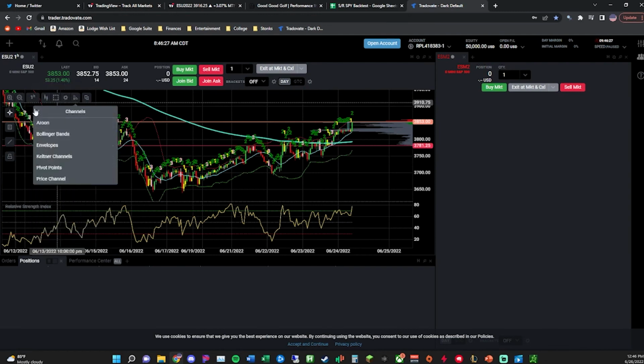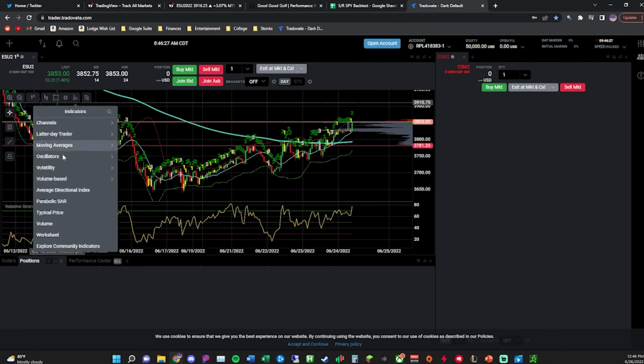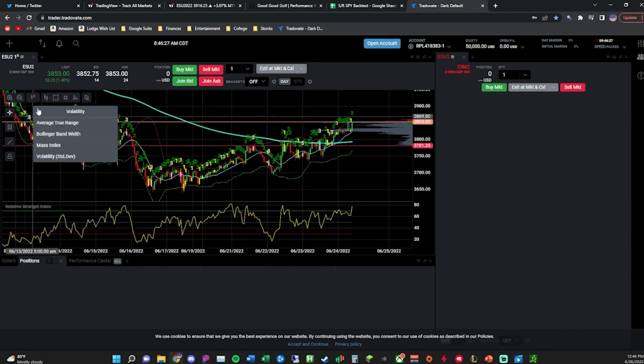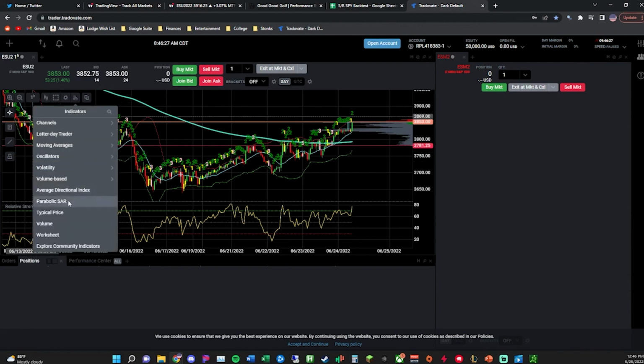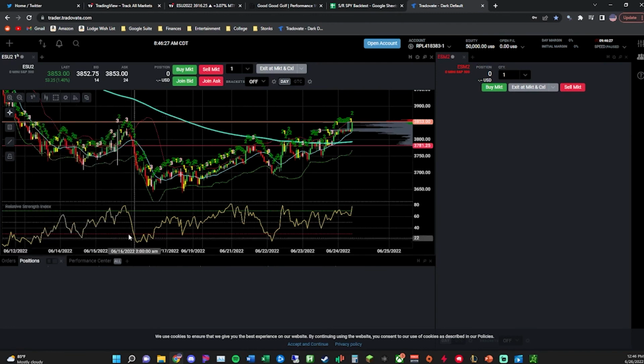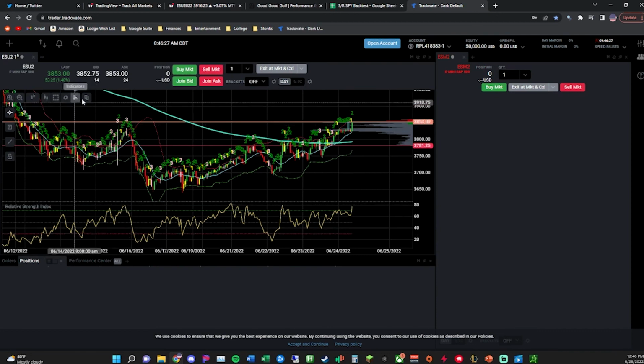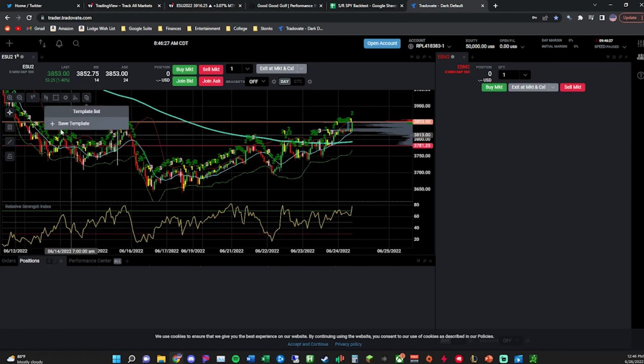Indicators, you can do all the defaults, all the big defaults, volatility, ATRs, R size, EMAs. You can go to community indicators. The only community indicator that I use is the strat indicator, and then generally I have a price bias, and I'll trade the strat based on that price bias and look for an actionable signal. And then you can save templates as well.